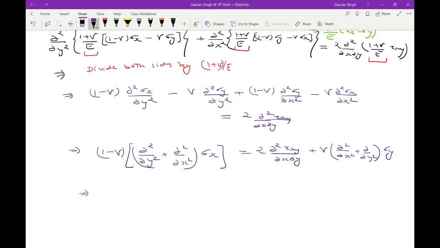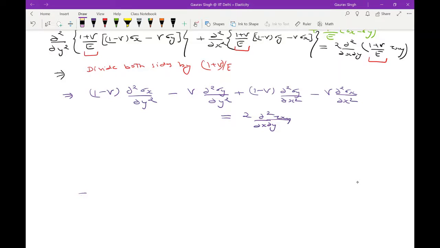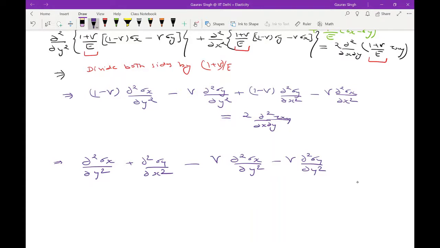Now let me just write it out separately. ∂²sigma x/∂y² plus ∂²sigma y/∂x² minus nu ∂²sigma x whole to minus.